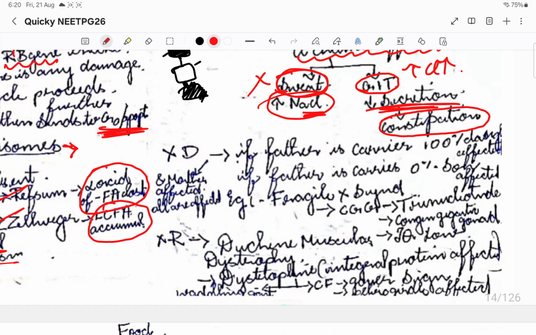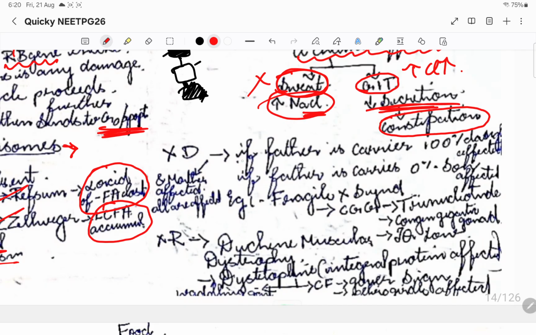Then coming down to X-linked dominant. Dominant means all the generations will be affected. That is how you identify. If X-linked is there, then just look for whether the mother is passing to everyone, or what the father is doing.